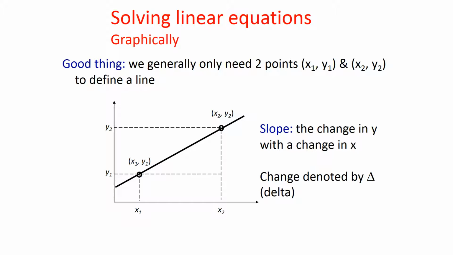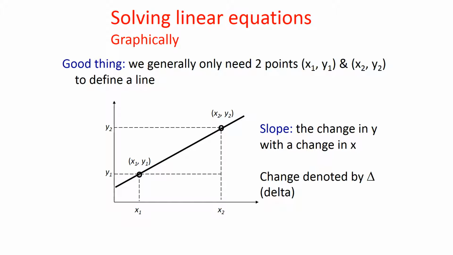Say this point is 1 along here and 1 up there, so we've written 1, 1, and this point here, let's call that 2, and say 3 up there. So this would be 2, 3.